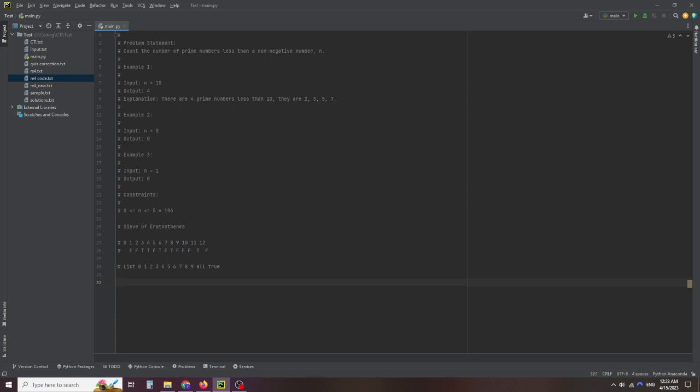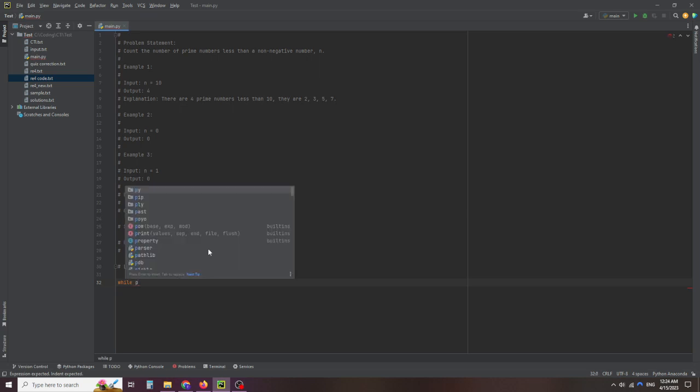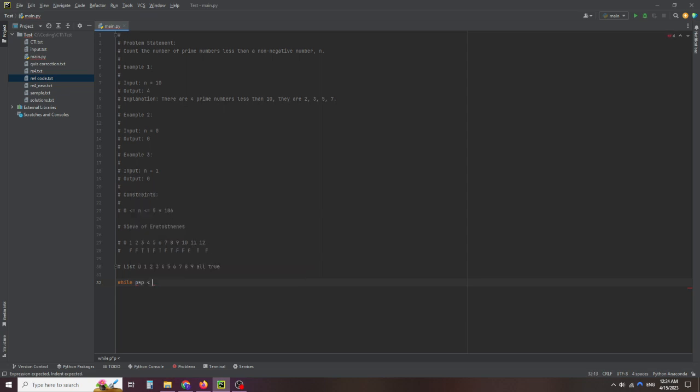How it works is: the number I'll be starting with is always 2, so while p squared is less than the given number n, let's make sure I increase p. I always like to make sure I have an end result, so given n and p.